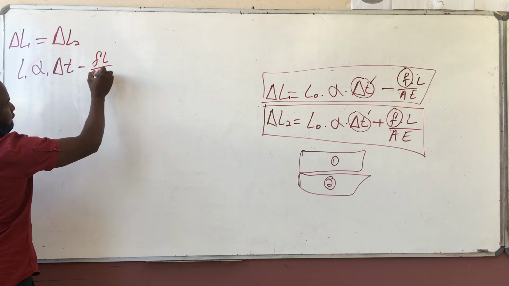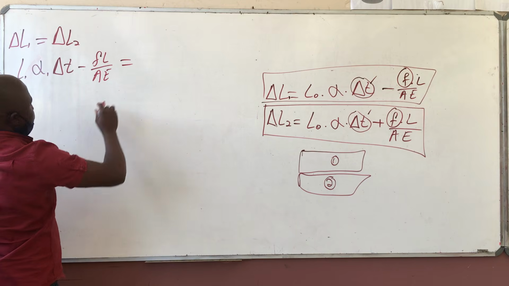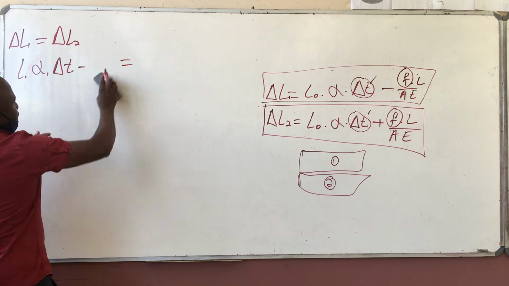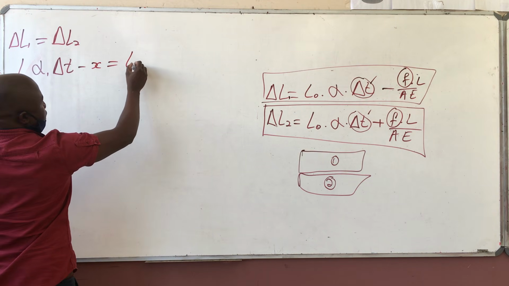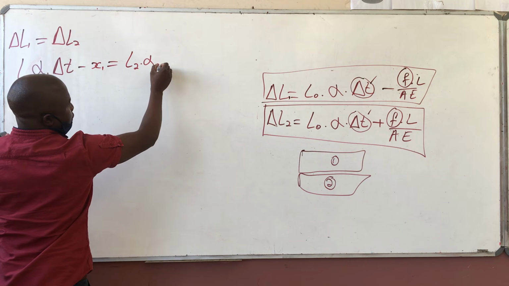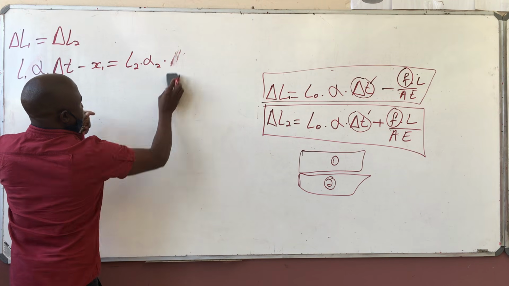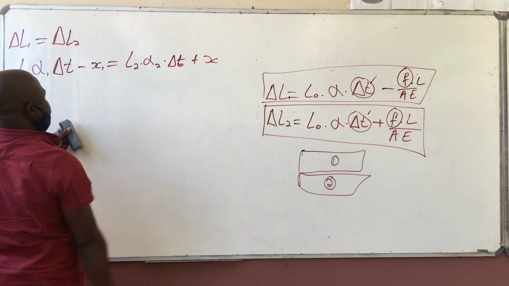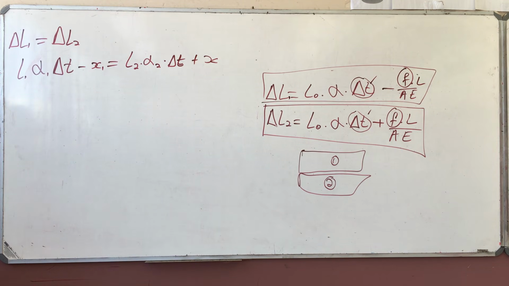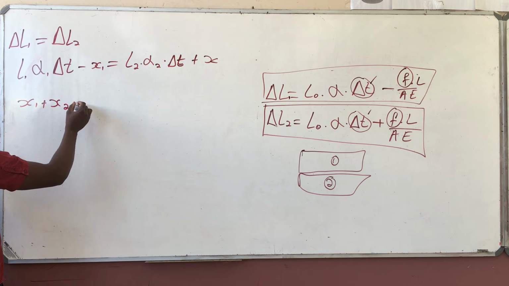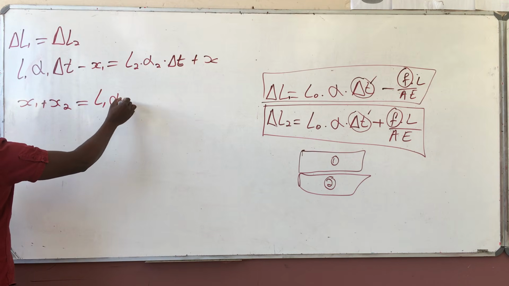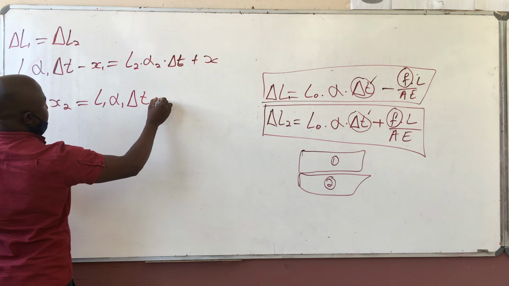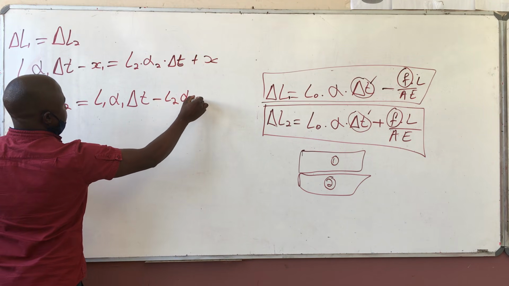Minus FL over AE is equal to, for now let me use X instead: X is equal to L2 alpha 2 times change in temperature, delta L plus X. So if I transpose the other one, I'll have X1 plus X2 equal to L1 alpha 1 change in temperature minus L2 alpha 2 times change in temperature.